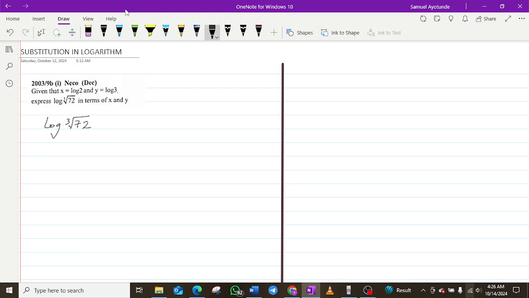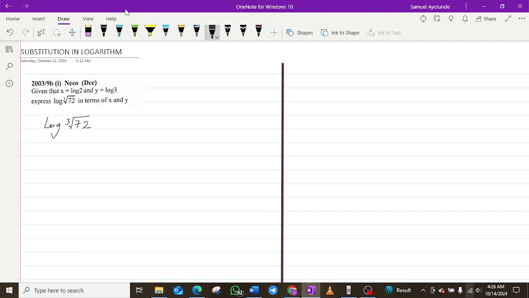So here we are changing any log 2 that we have to x, and any log 3 that we have to y. So we first need to break 72 down into a group of numbers with 2 and 3. Then we can do our substitution.